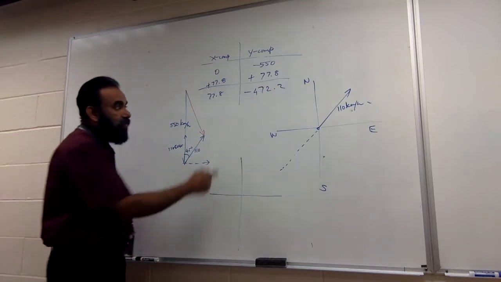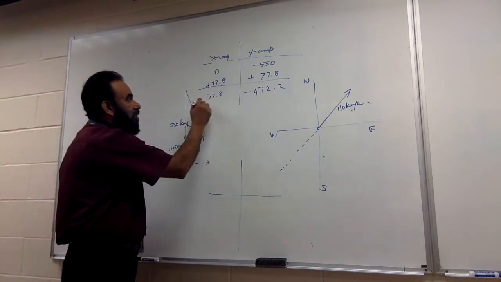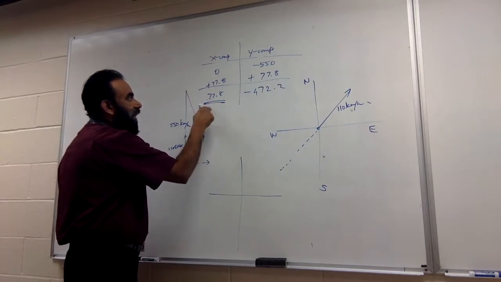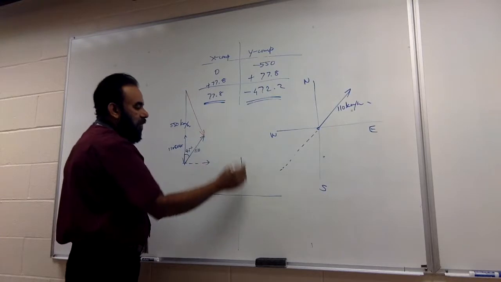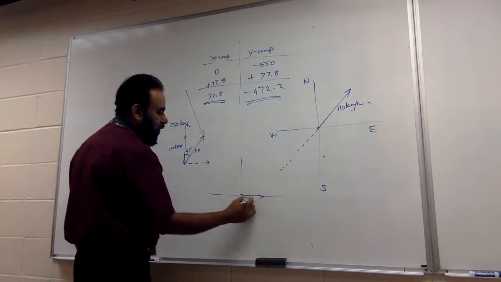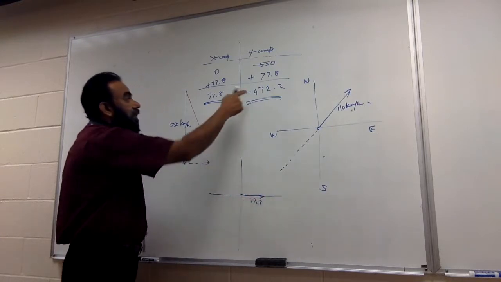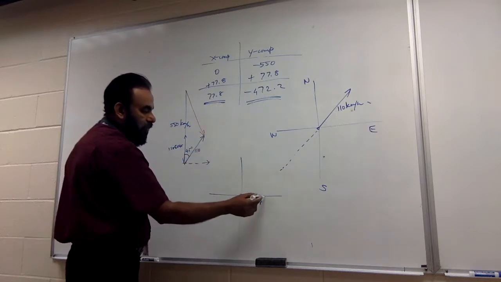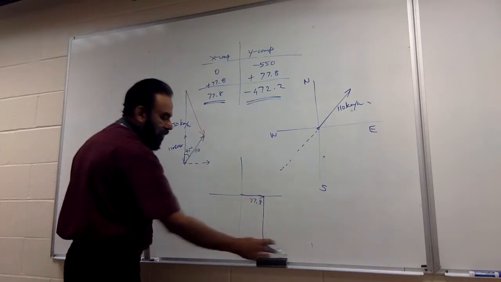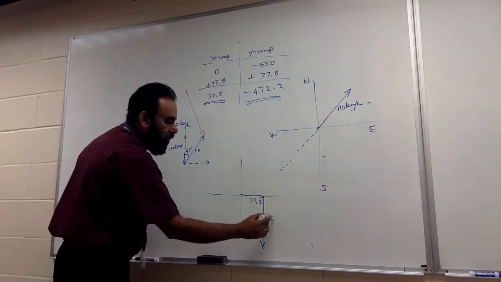Now draw a new diagram and represent this resultant's x component and y component on here. This is a positive component of 77.8, and that is a negative component of 472.2. So you go down 472.2.